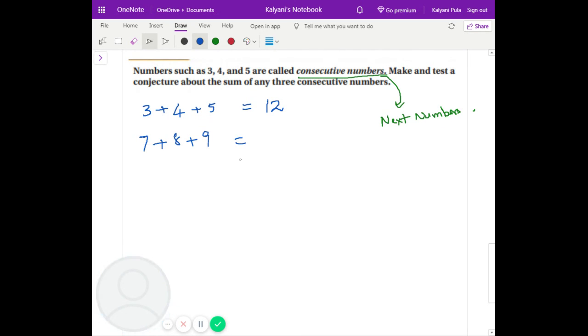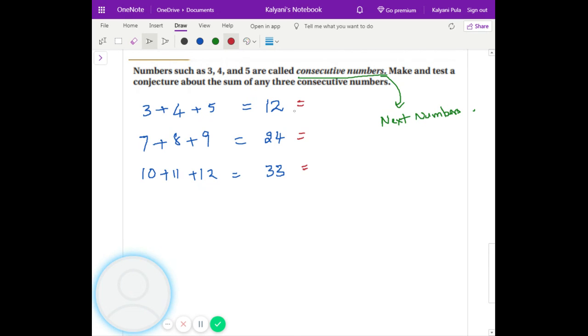How much is that? 24. Okay. I'll take one more to make sense. 10 plus 11 plus 12. 33. Okay. So by using this, can you come up with any pattern? Do you see anything up there?